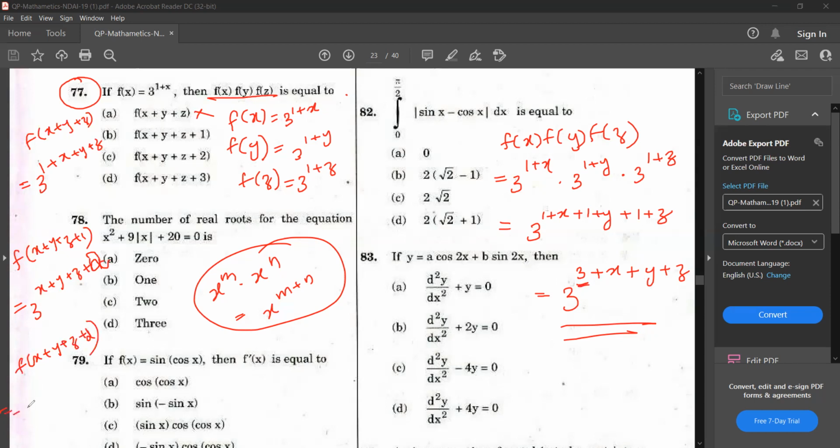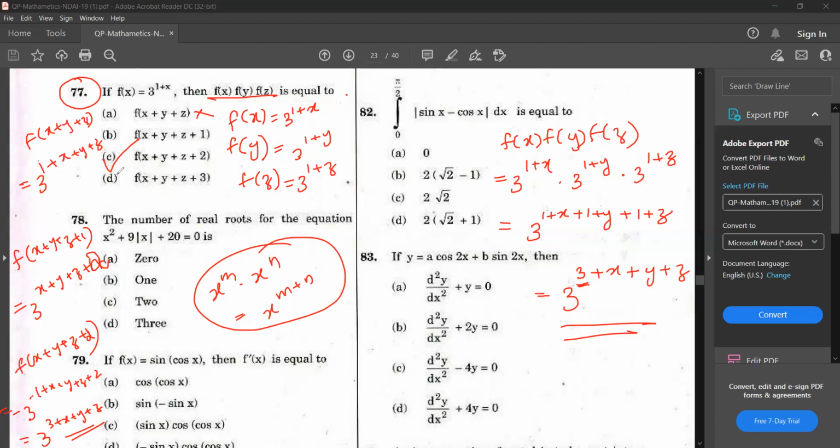That will become 3 raised to 1 plus x plus y plus z plus 2. So that will be 3 raised to 3 plus x plus y plus z. That is what we require. So the answer is option C.